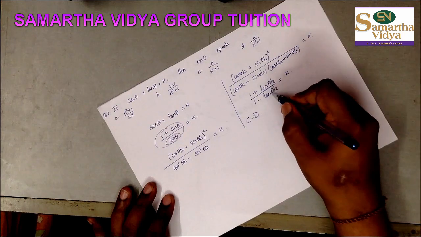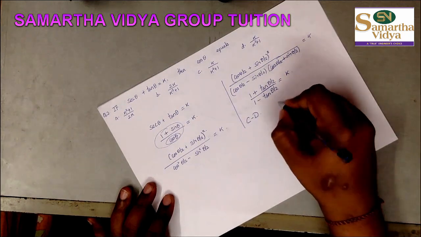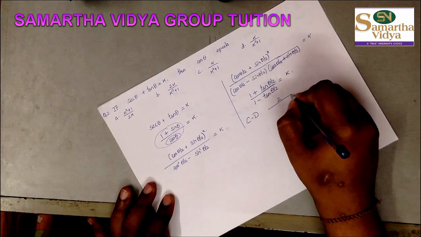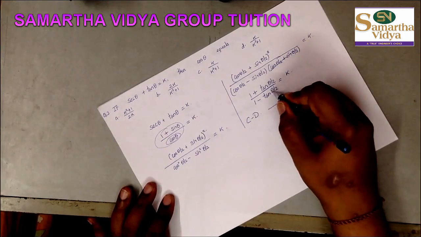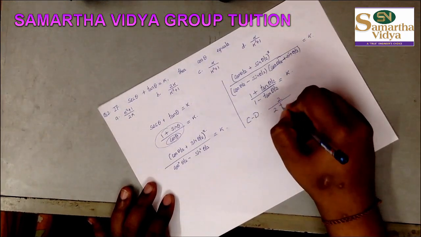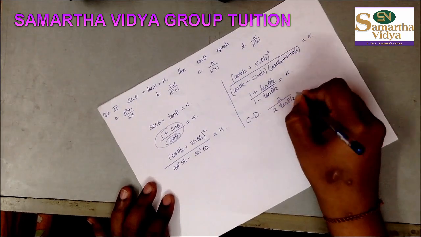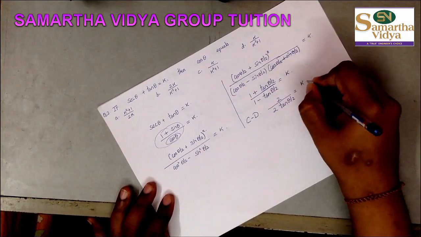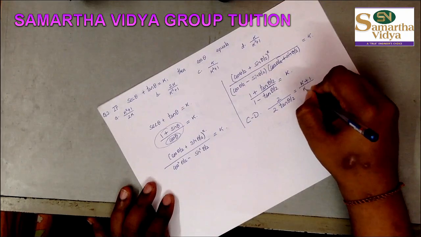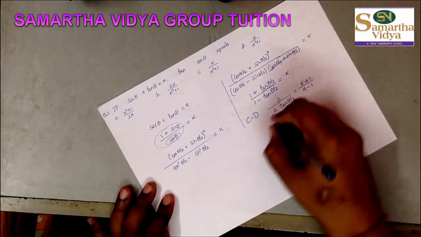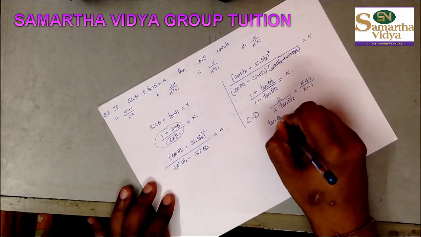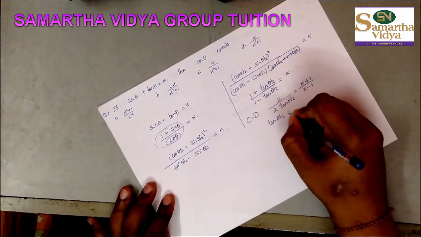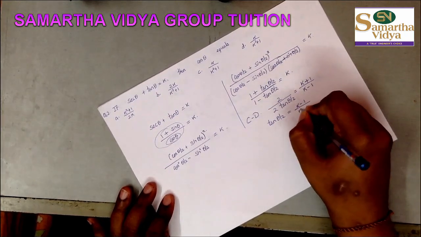So numerator plus denominator becomes 2 upon numerator minus denominator, which is 2 tan theta by 2. On that side, we'll be having k plus 1 upon k minus 1. So we are landing with tan theta by 2 is equal to k minus 1 upon k plus 1.